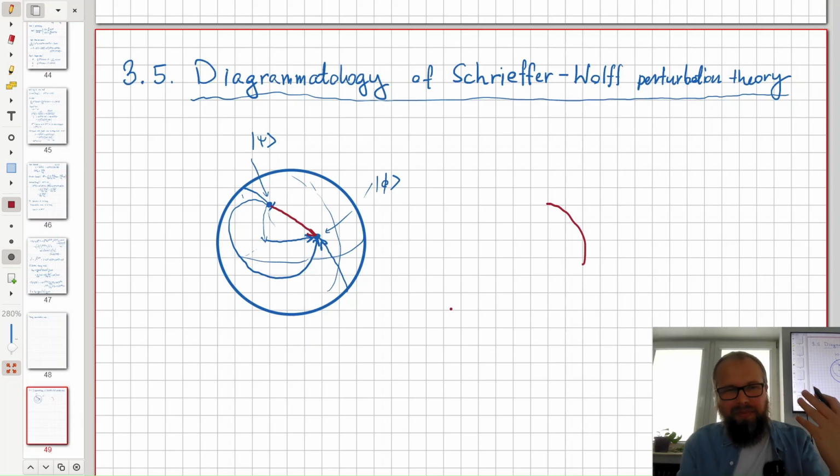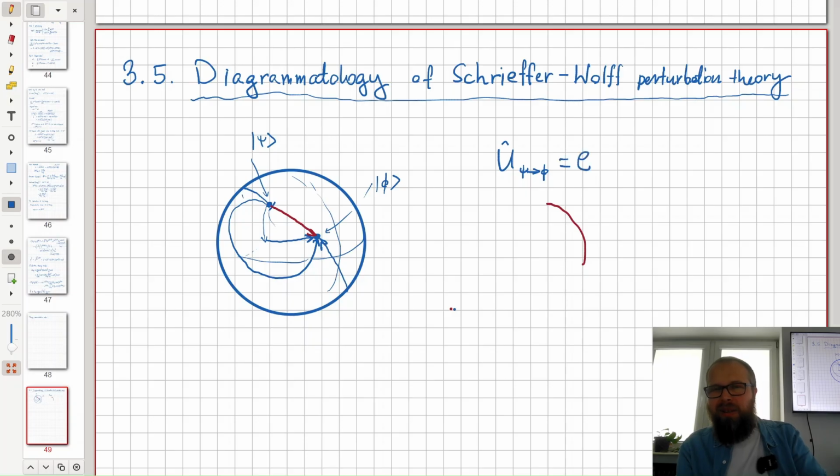And what kind of things could we expect from this kind of direct rotation? You have some unitary operator that, let's say, takes psi to phi.